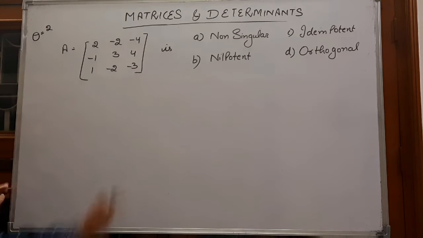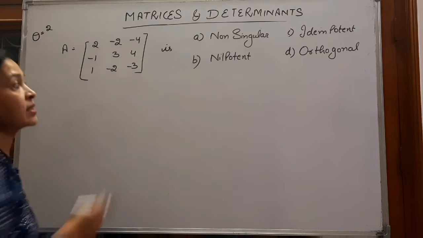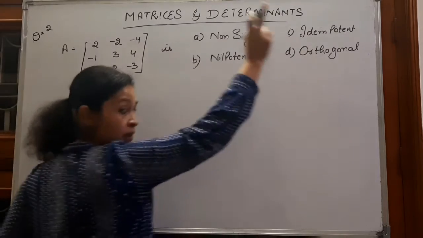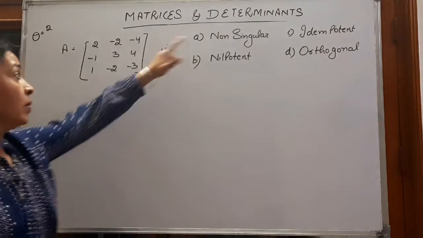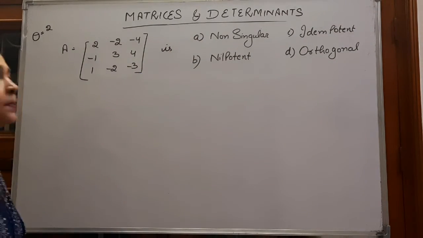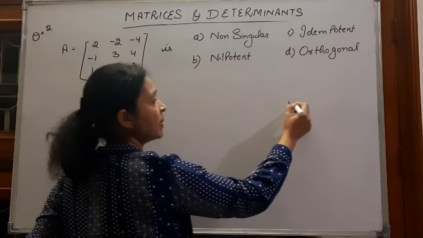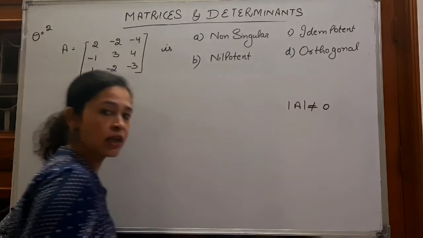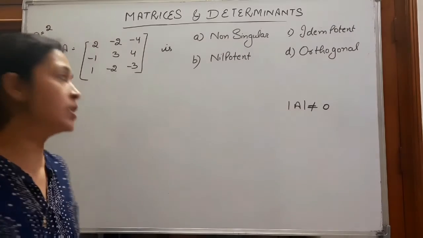A matrix A is given having order 3 by 3. We have to check whether it is non-singular matrix, nilpotent, idempotent and or orthogonal. We have learnt about these three. And what will be a non-singular matrix? A matrix is a non-singular matrix if its determinant is not equal to 0, and a singular matrix if the determinant is 0.